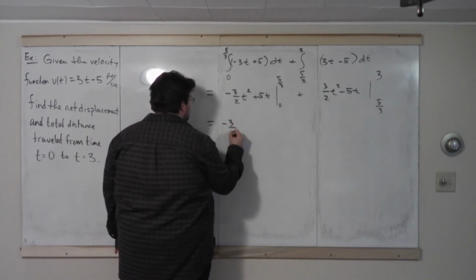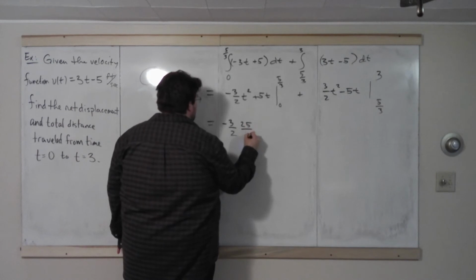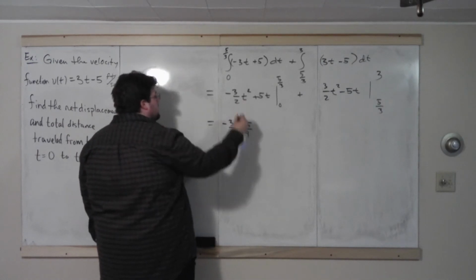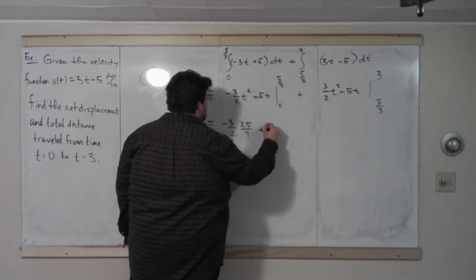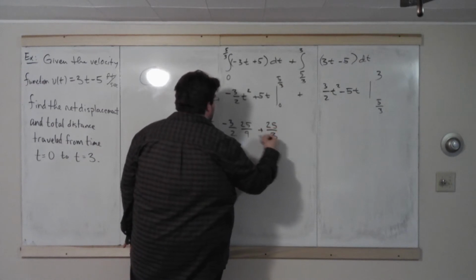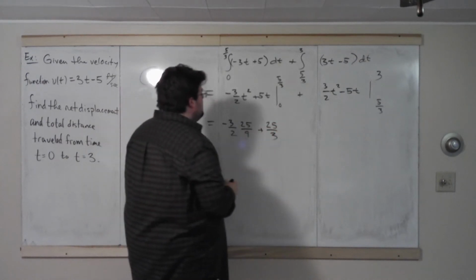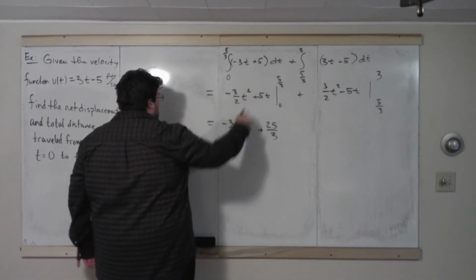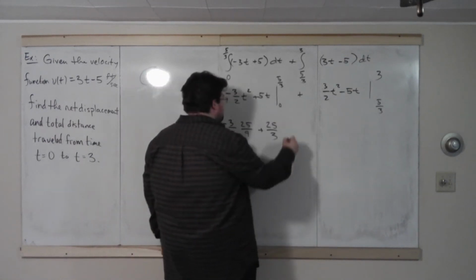5/3 gives you 25/9 when you square, plus 5 times 5/3, 25/3. Substitute 0, you get 0. That's convenient.